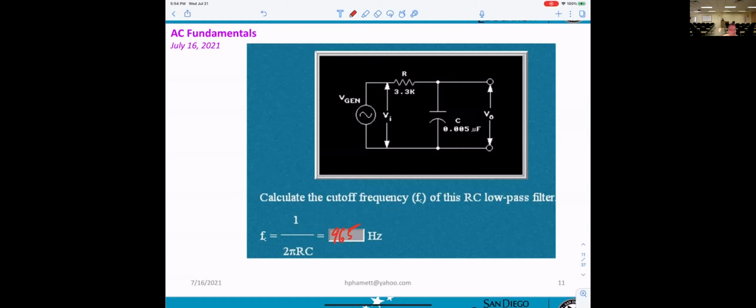And does everyone else get the same? Someone else got 9650. I got 9.645 kilohertz. The answer has to be in hertz.